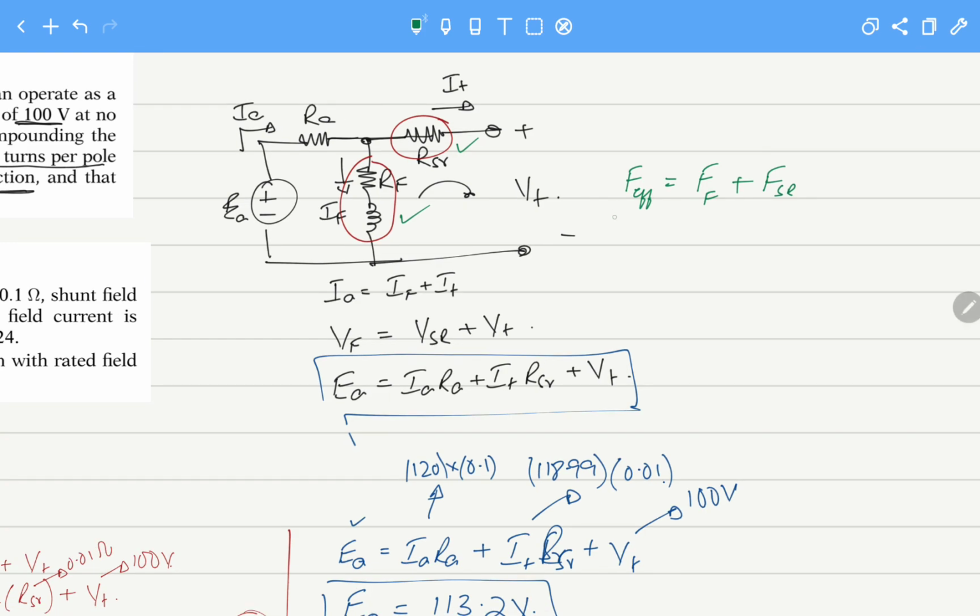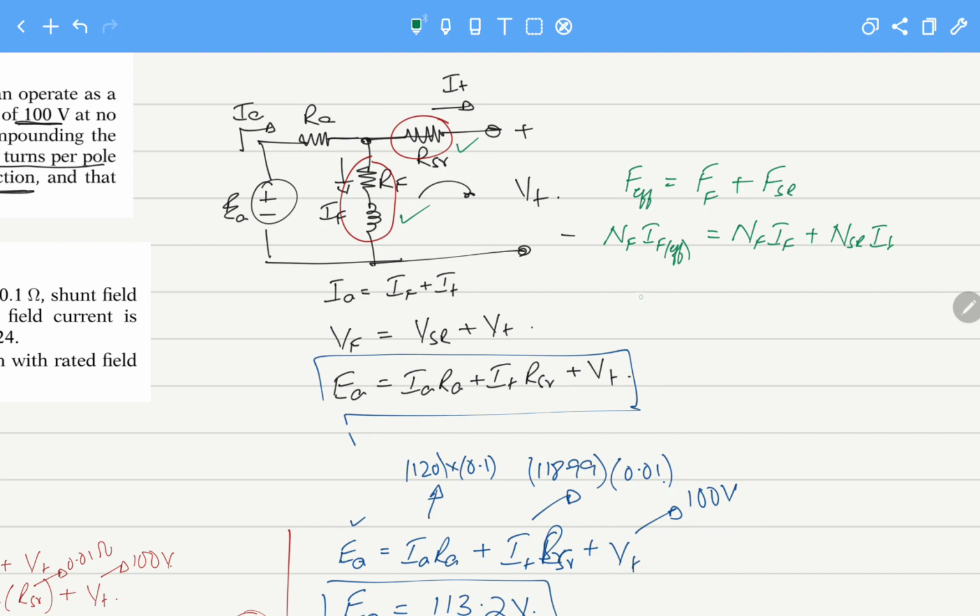Because it is taken from the magnetization curve produced by the shunt windings, this will be equal to NF IF plus N series into the current through the series winding, which is I terminal.